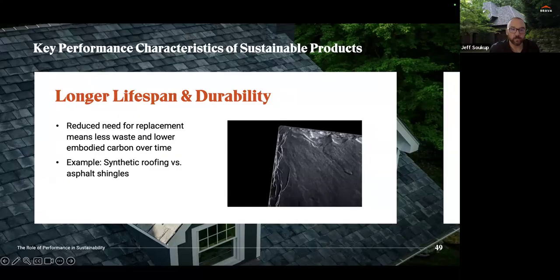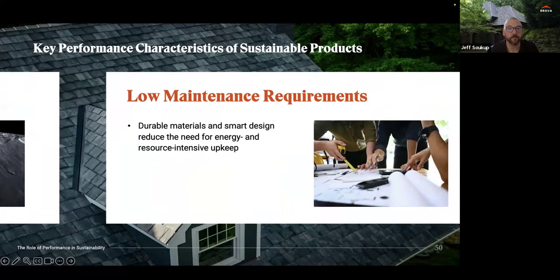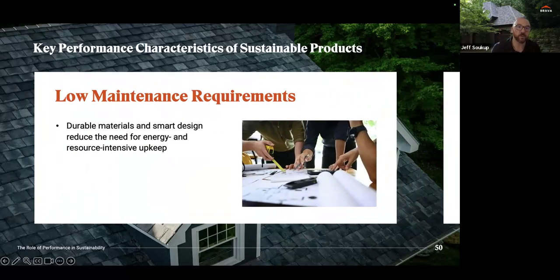With a more resilient synthetic material, or a metal, you're going to get close to a 50-year lifetime. So the decreased maintenance and the decreased replacement is going to be much more environmentally friendly and sustainable.